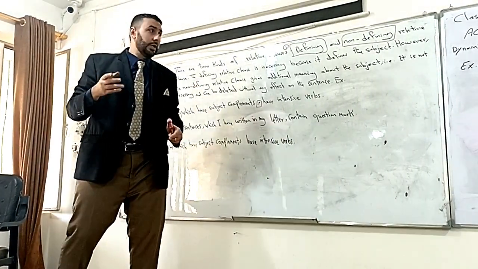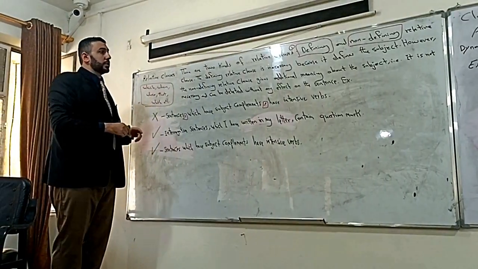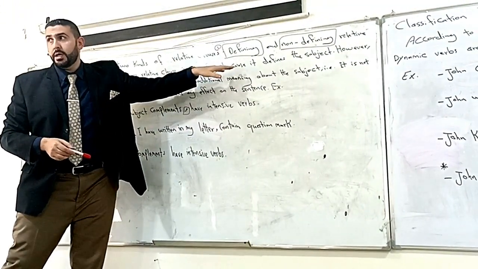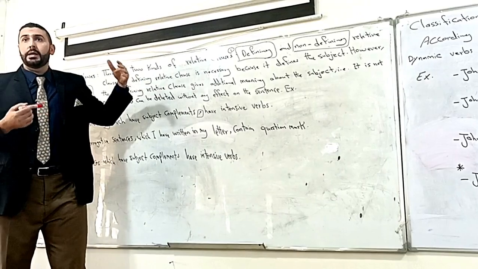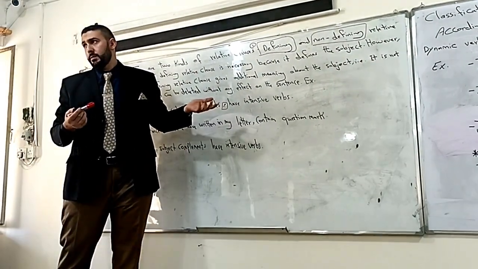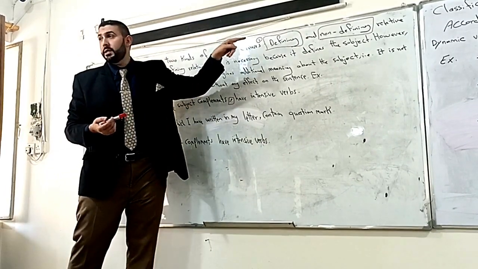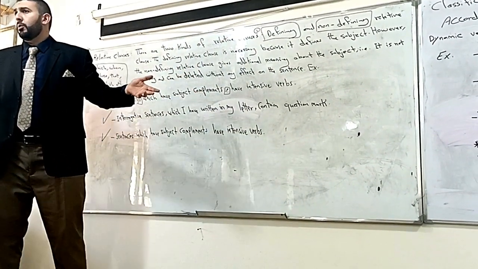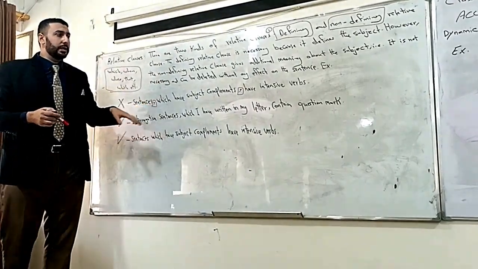There's no problem. So again, defining relative clauses are necessary for the subject because they give us necessary information about the subject. While non-defining relative clauses are optional. So we can omit them or delete them. So consider these two examples.